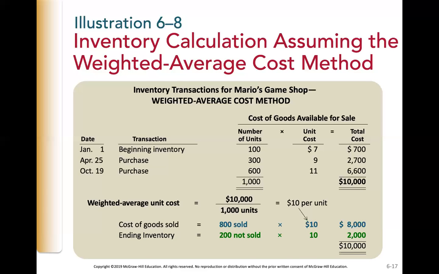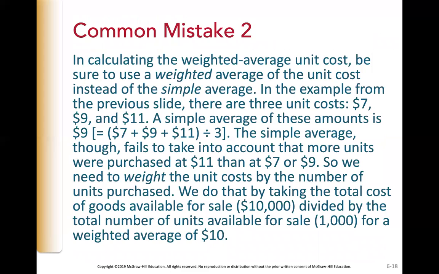Please note, when you're using the weighted average method, you have to make sure you take a weighted average and not a simple average. In the example we just used, there were 3 unit costs, $7, $9, and $11. A simple average is $9. Each of the 3 costs divided by 3 equals 9.